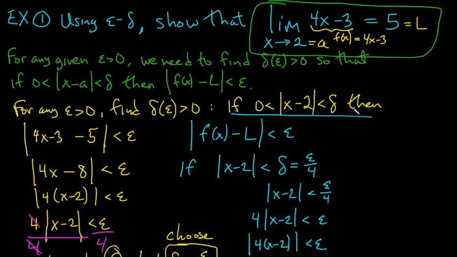Right? And now we're making this more precise by saying, well, how close, right? How close does x have to be to 2 in order for f of x, the 4x minus 3, to be close enough to 5? Right? So that statement, close enough to 5, that's the L. We want it to be within epsilon.